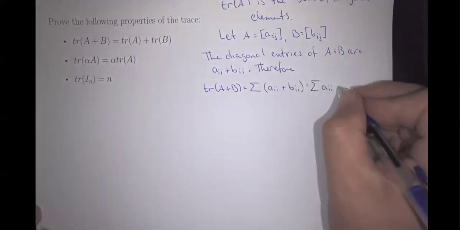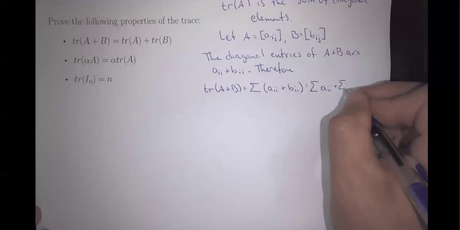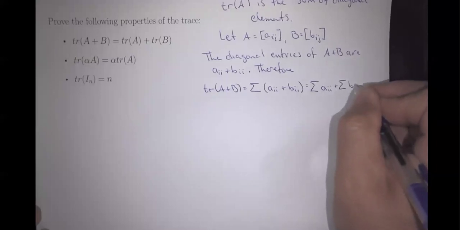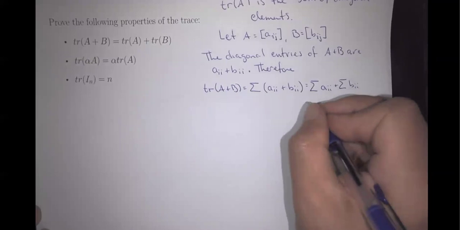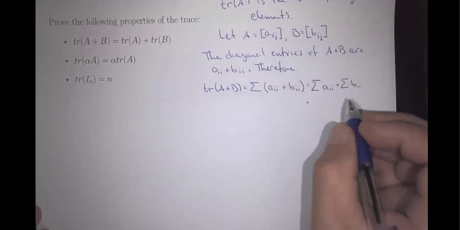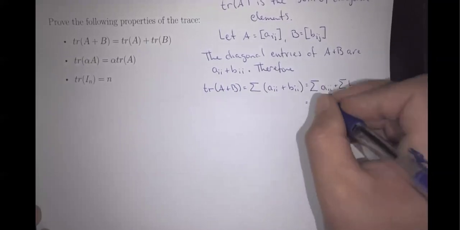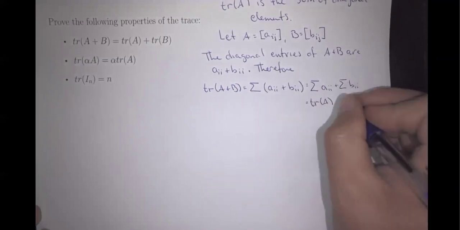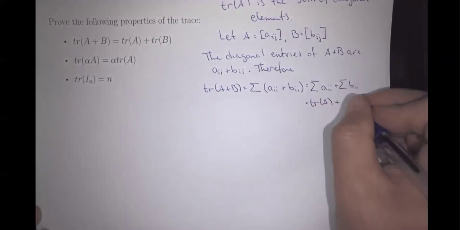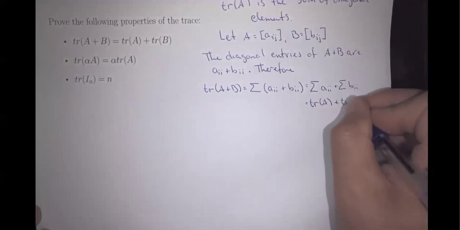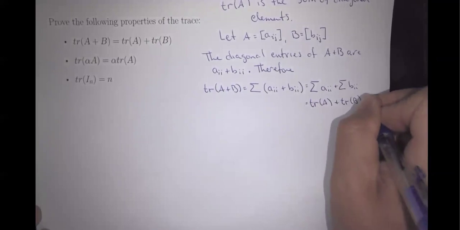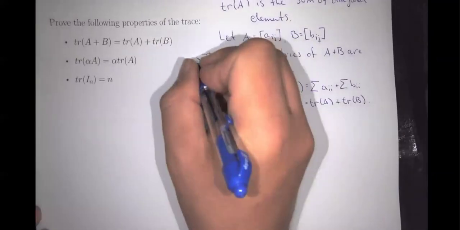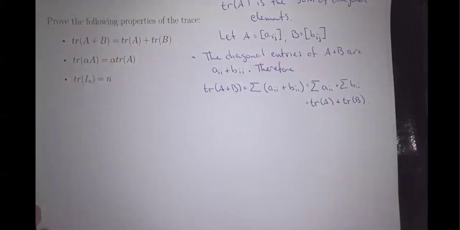We can break the sum up, plus the sum of the b_ii's. This first sum is the sum of the diagonal entries for A, so this is the trace of A. The second sum is the sum of the diagonal entries for B, so that's the trace of B. So that's the proof of the first property.